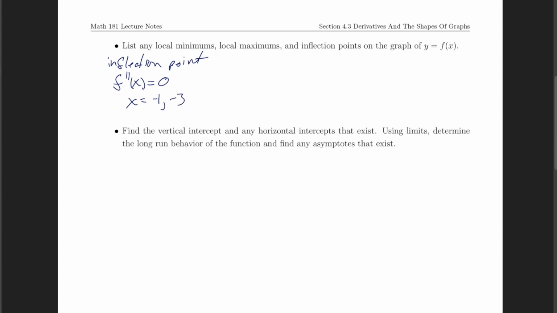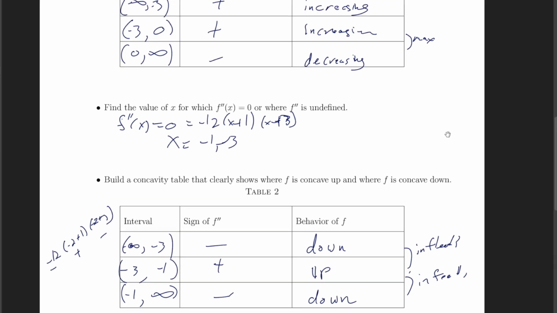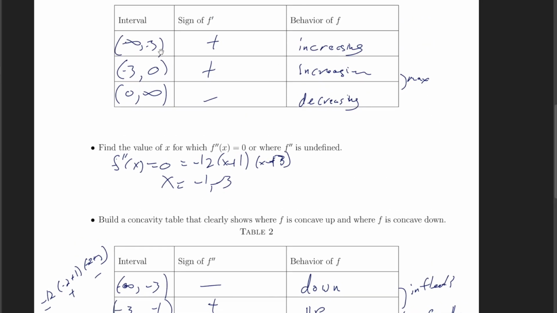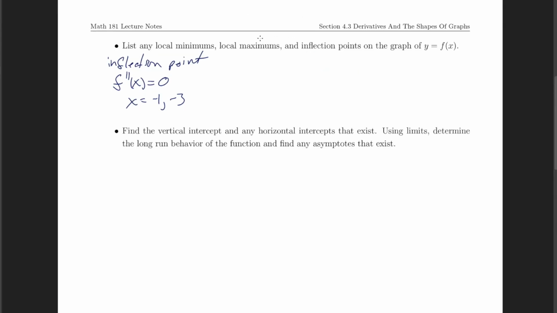Our local min and max. Where was our local max? Our local max was right here at 0. So let's look at that real quick and use the other theory.